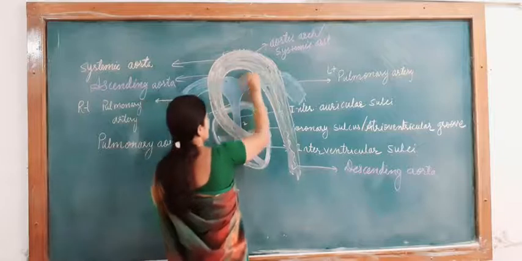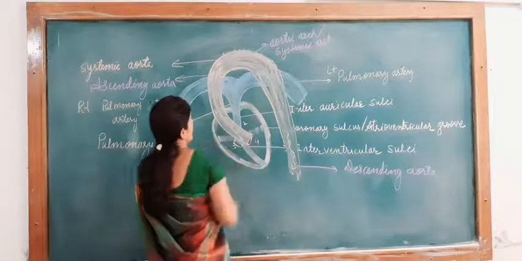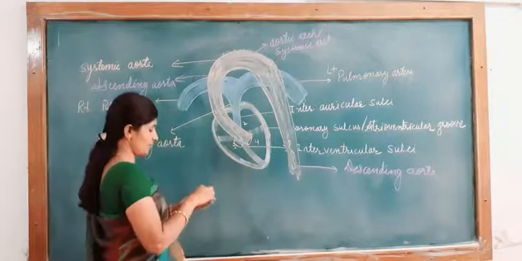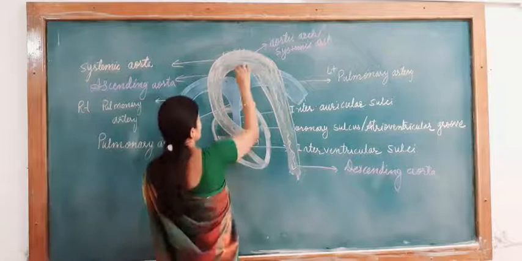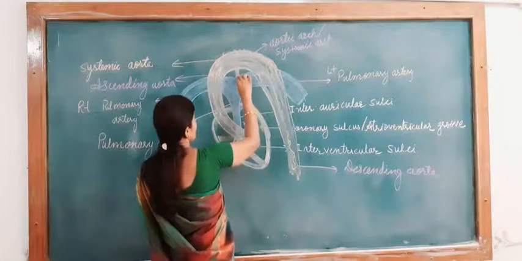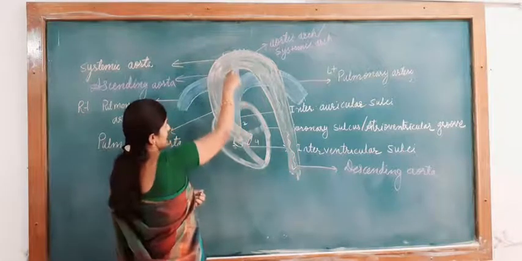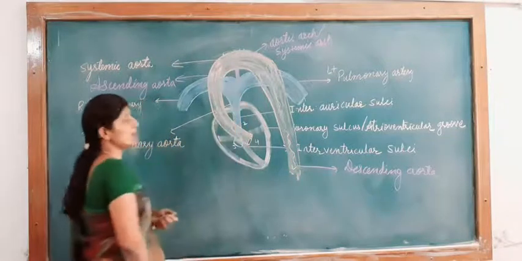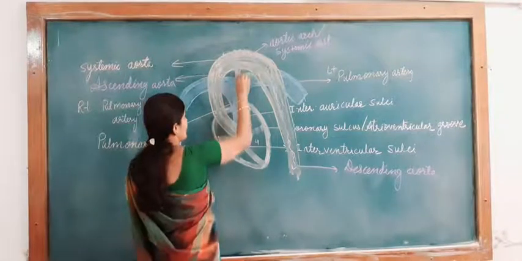Before the birth of the baby, there is a connection between these two, between the systemic arc and this pulmonary aorta. Both are connected here.